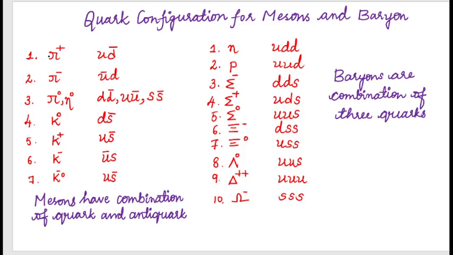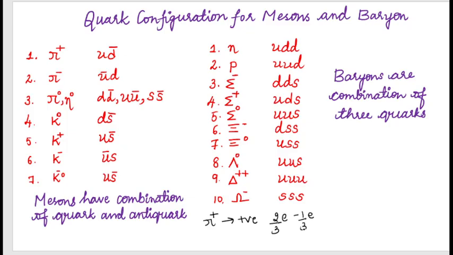For pi positive it is U D bar. We will be seeing how it is. Pi positive means it has positive charge, right? So how is it U D bar? For up quark the charge is 2 by 3 times e. For down quark the charge is minus 1 by 3 times e.